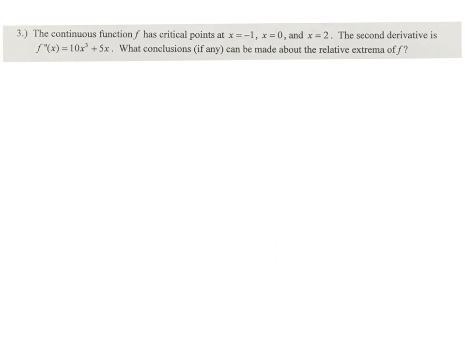So the second derivative test, let's just review that real quick. This is the second derivative test, and this is a test for relative extrema of f, all right? And here's what the test says.